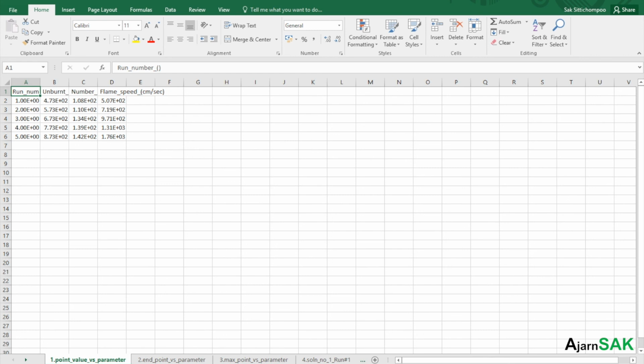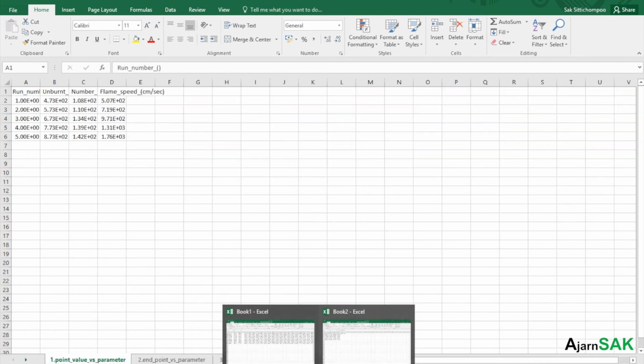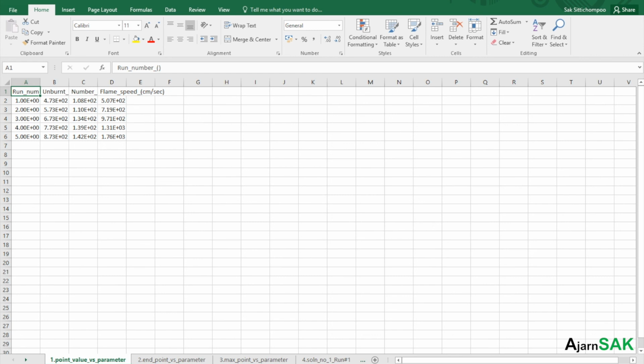You can look at the effect of pressure on flame speed. I set the parameter study for the pressure. Why did it generate so many files? Because for each case, it has done all the rates of production, all the things, and then it's merged together.